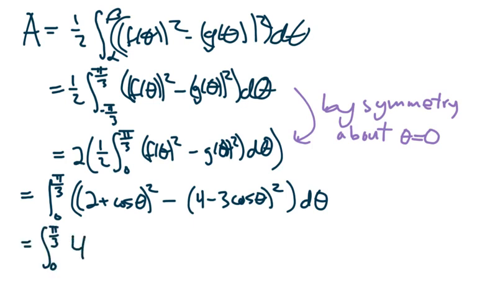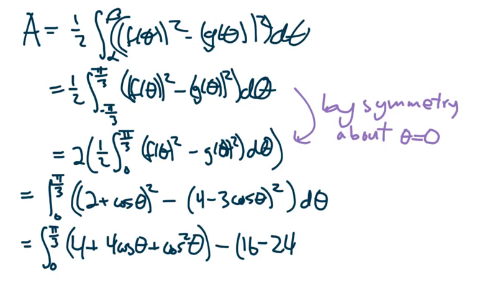2 squared plus 2 times cosine theta times 2 plus cosine theta squared. And that's great. And now on the other one, we've got 4 squared minus 2 times 4 times 3 cosine theta, so that's 24 cosine theta, and then plus 9 cosine squared theta. Okay, cool.